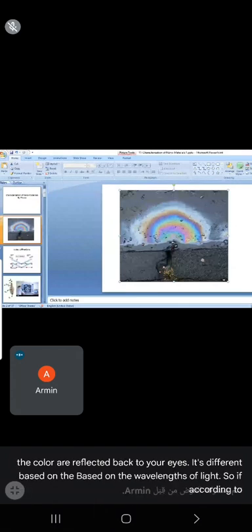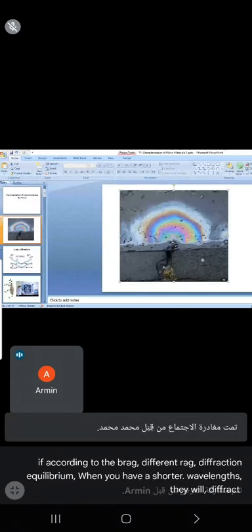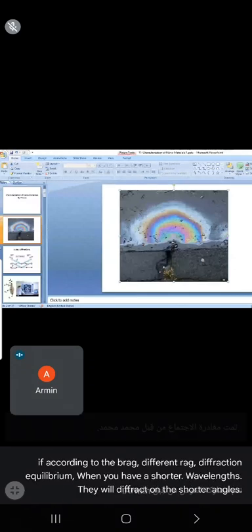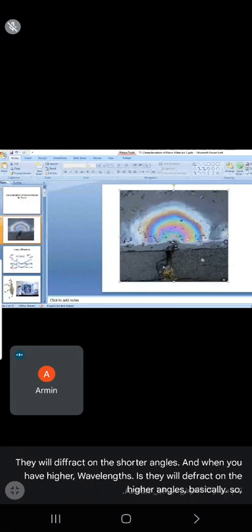So, according to the Bragg diffraction equation, when you have shorter wavelengths, they will diffract at the shorter angles, and when you have higher wavelengths, they will diffract at the higher angles, basically.